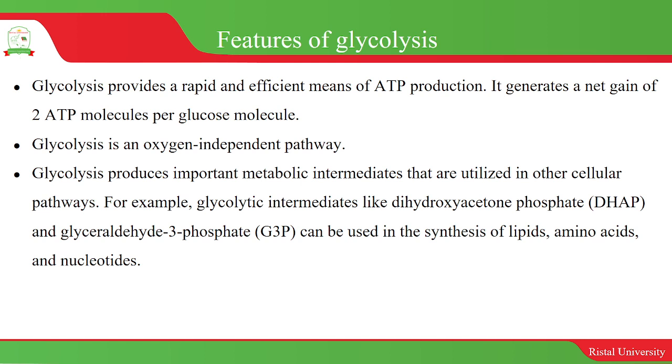But in the process we use two, such that we have a net of two ATP molecules per glucose molecule. The process does not require oxygen, so we can say it is an oxygen-independent pathway.